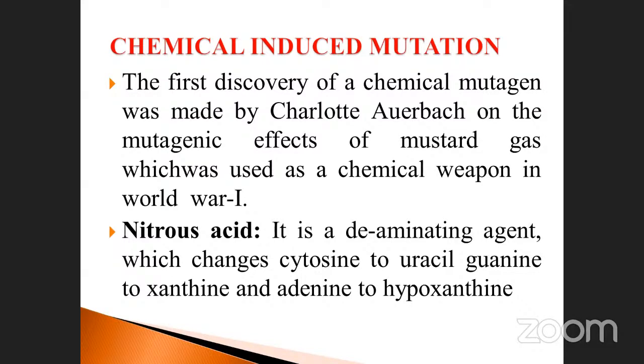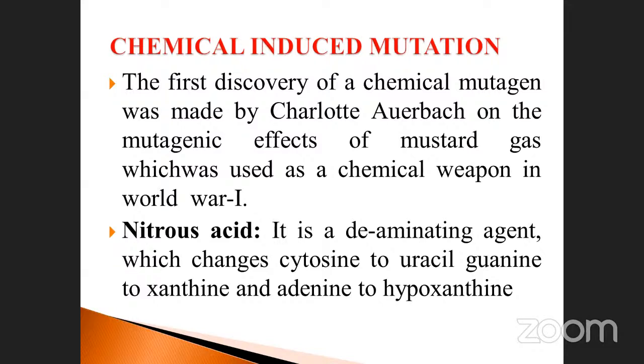As a result, one molecule changes into another one. Such a change is induced by the chemical called nitrous acid. So these are the important things in chemically induced mutation, particularly nitrous acid.